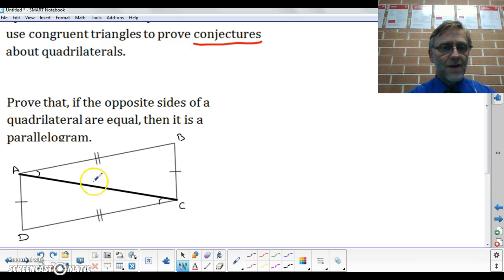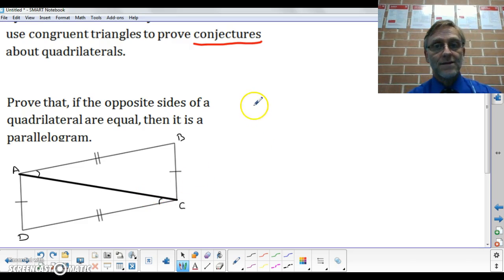Well, if these two triangles are congruent, then the angle here, BAC, is going to be the corresponding angle of DCA in this triangle, and those two angles must be equal if the two triangles are congruent, if they're the same size and the same shape. So I'm going to prove that triangle ABC is congruent to triangle CDA.